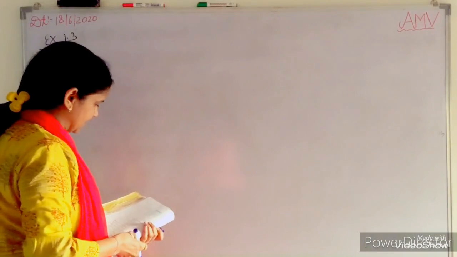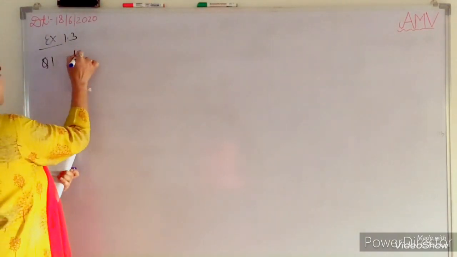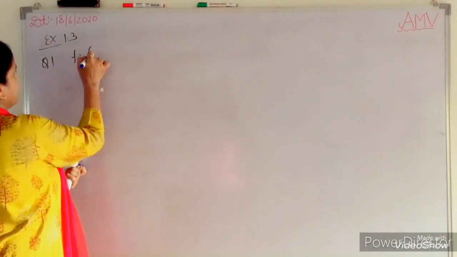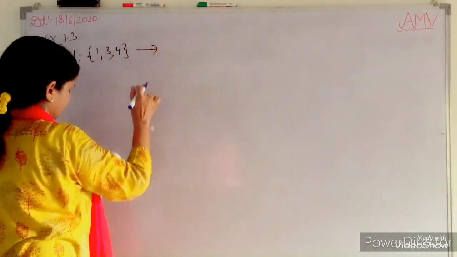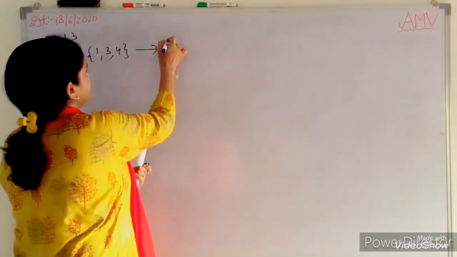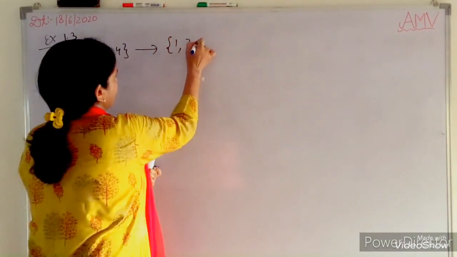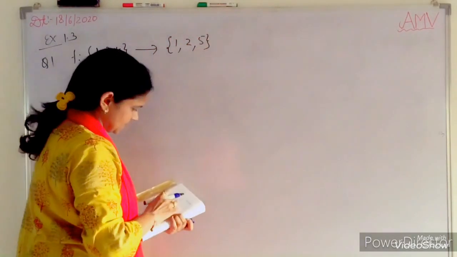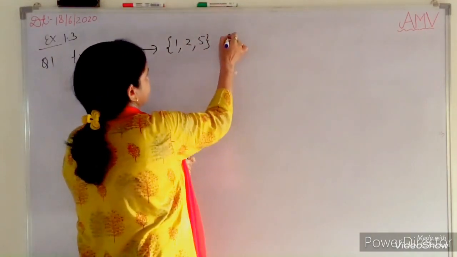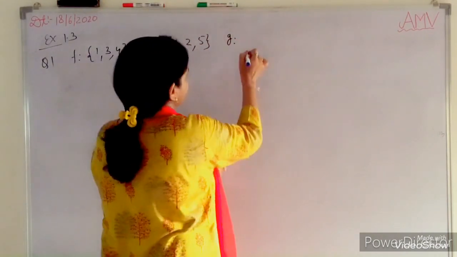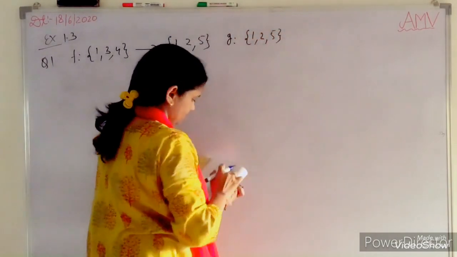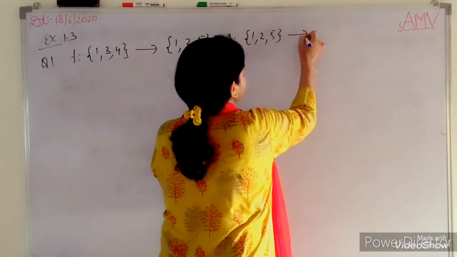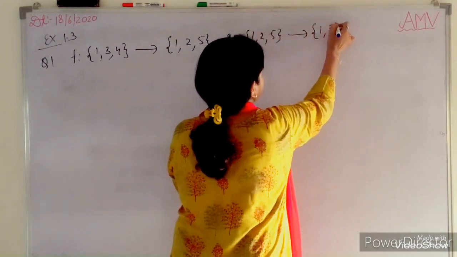Here it is given that f is from {1, 3, 4} to {1, 2, 5} and g is defined from {1, 2, 5} to {1, 3}.